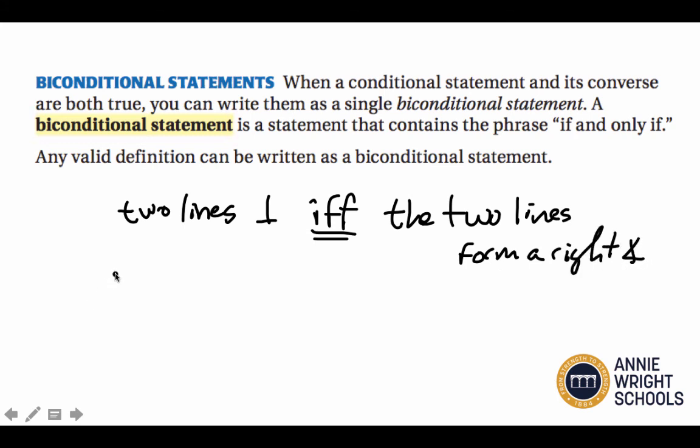That is the appropriate way to write a definition, and that's any definition. Any valid definition can be written as a biconditional statement. If you have two lines that are perpendicular, then you know they form a right angle. If you have two lines that form a right angle, then you know those two lines are perpendicular.